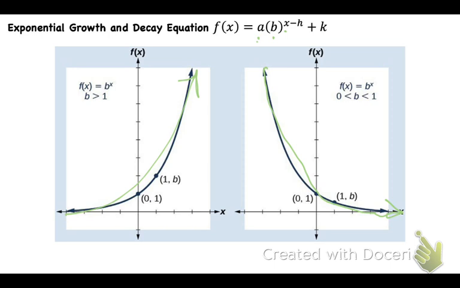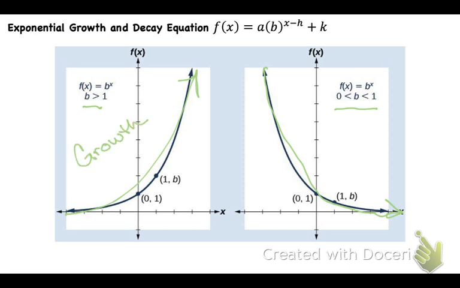I wrote an A on the very first slide, didn't I? No, I didn't. I wrote B to the X. Okay. So H moves it what way? Left and right. K moves it up and down. If B is greater than 1, it's a what kind of function? Growth. If B is between 0 and 1, it is a decay.